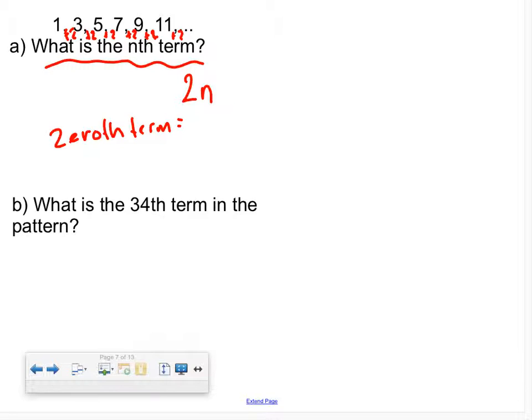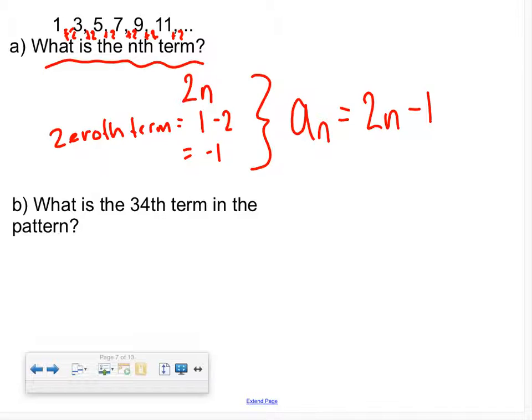So I've got to take 1, and I've got to subtract 2. I've got to go backwards to get that 0th term, which gets me a -1. So when I combine this all into a rule, I've got 2n, and I'm going to add a -1, or, in other words, subtract 1.